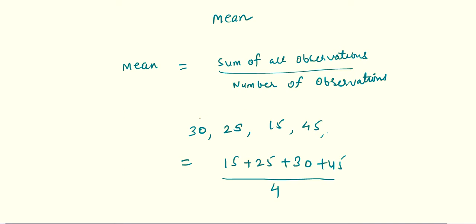Why 4? Because we are having 4 values here. Now you can add this: 40, 30, 70, then 115 divided by 4. This is your required mean.